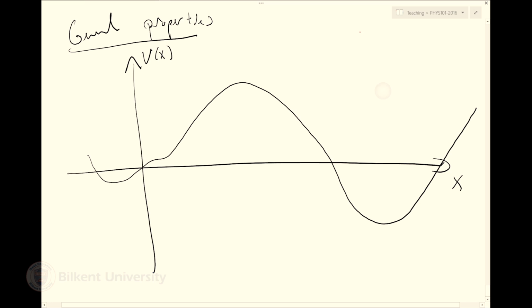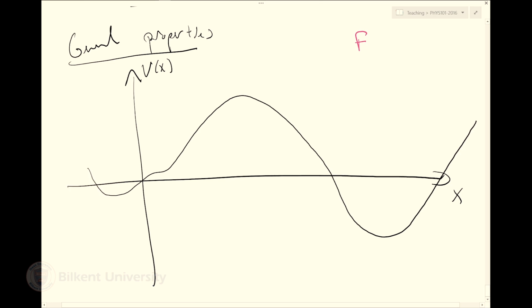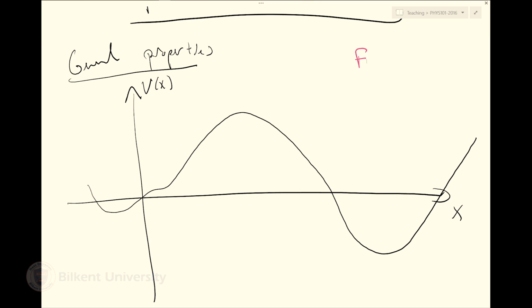What was the definition? What was the relation between force and potential energy? Force was minus dV(x)/dx. What is the equilibrium position? Equilibrium is force is equal to 0, which means dV/dx is 0. So equilibrium positions are where my function has a maximum or a minimum.